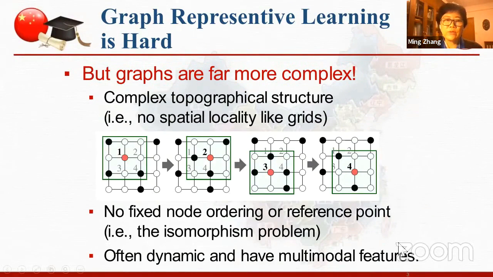You can see that graphs have complex topographical structure and no fixed node ordering or reference point. Also it's dynamic, and the graph data have some multimodal features.